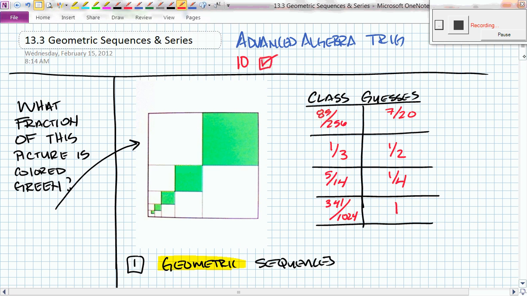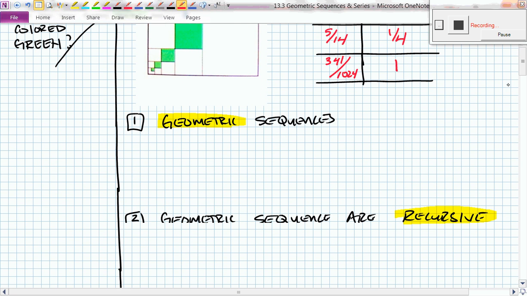Let's begin our study of geometric sequences here, okay? So let's talk about what geometric sequences are, all right? A geometric sequence is a sequence with a common ratio.